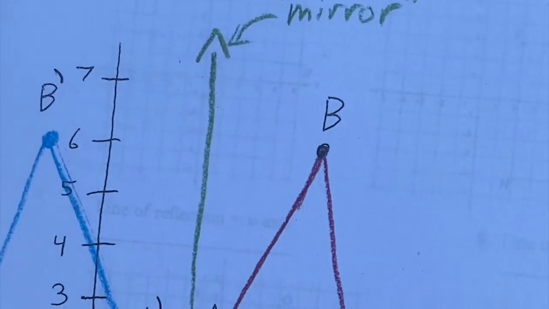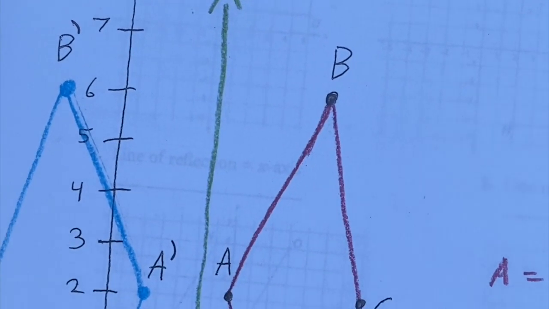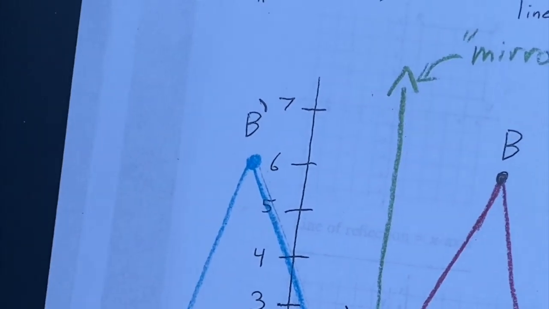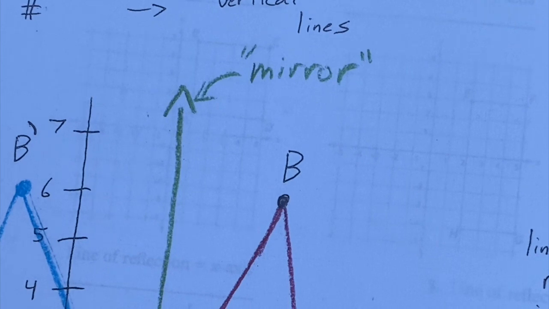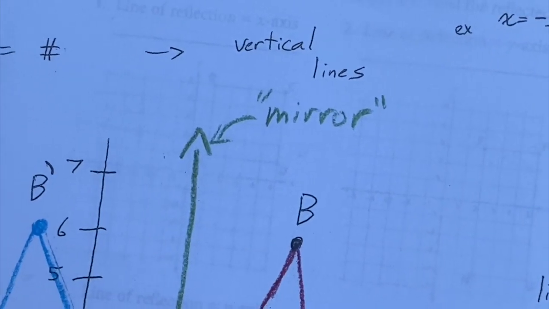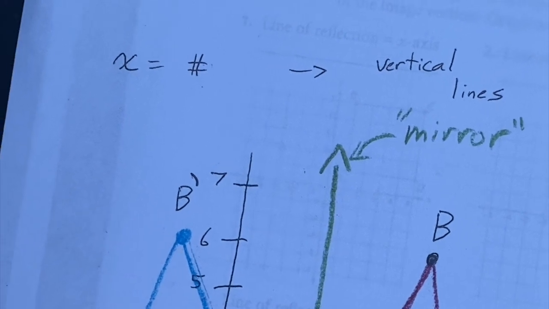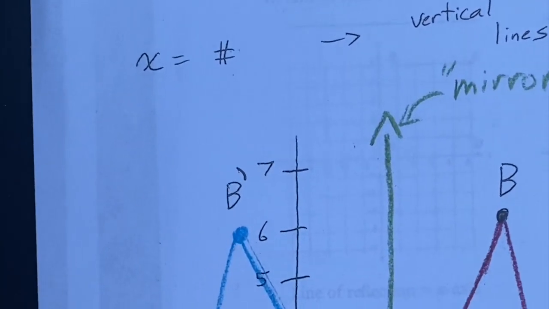Then we do the same for the others. D was 3 units away, so we go 3 units the opposite direction. We got D prime. C was 4 units away from the mirror, so then we go 1, 2, 3, 4 in the opposite direction to get C prime.